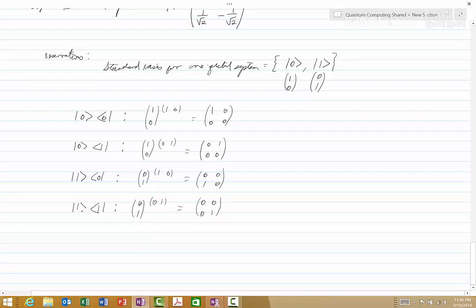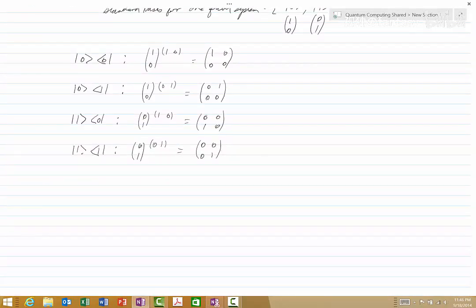Now, the point of doing this is to make the following observation.